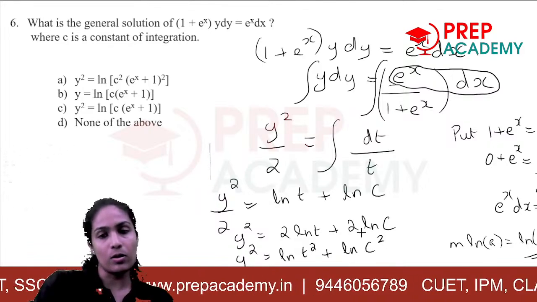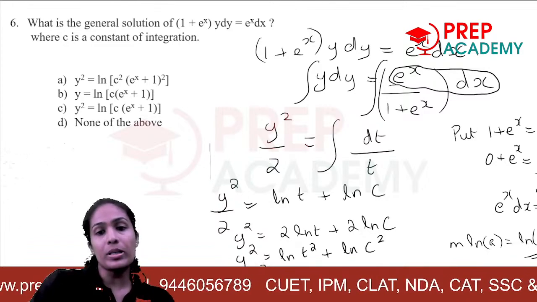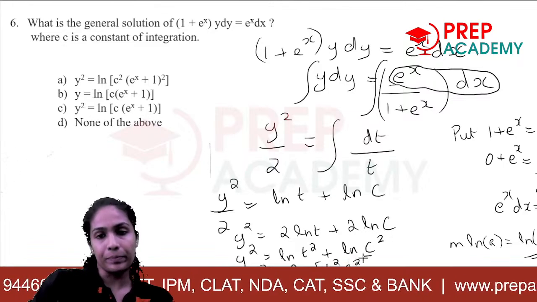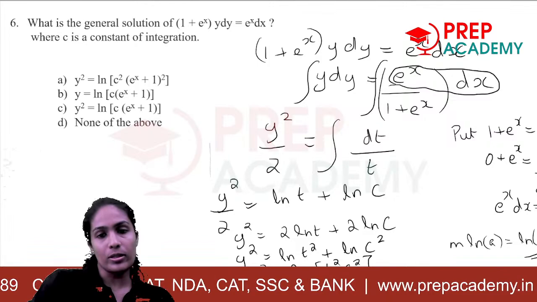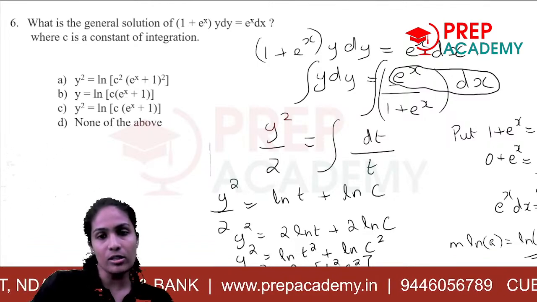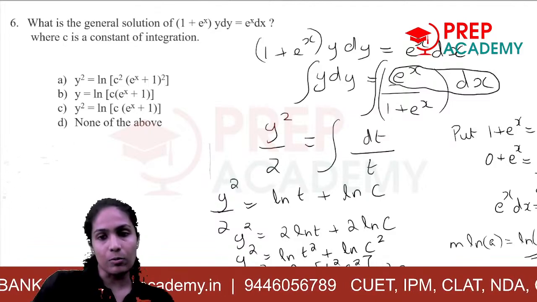Ln denotes natural logarithm. So y square is equal to, log a plus log b is equal to log a into b. So y square is equal to log, you can replace this t by the correct function. The correct function is 1 plus e raised to x the whole square into c square.